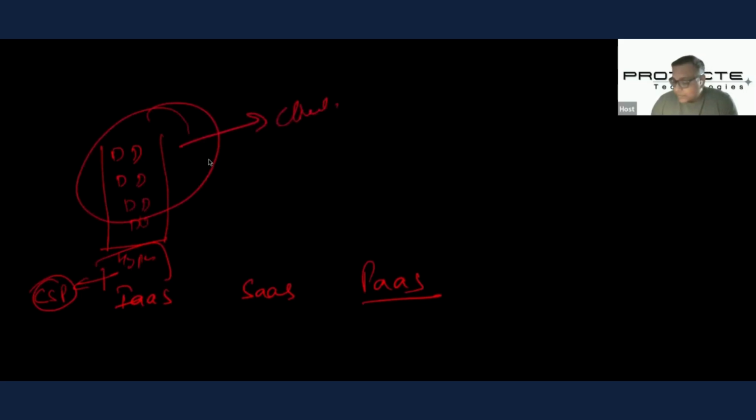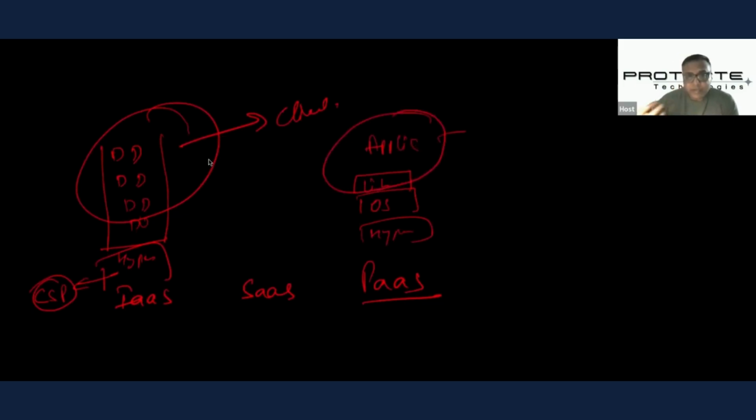In platform as a service, what happens? Your hypervisor is there. After this comes the operating system and the libraries which are required. After this, the application comes. The libraries are chosen by the customer, but maintained by the cloud service provider.